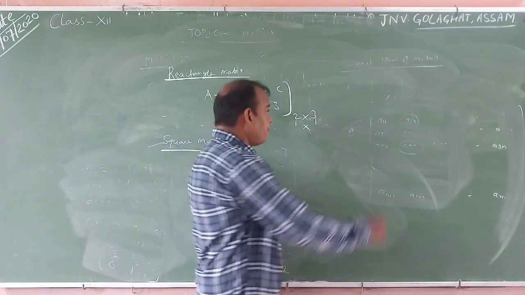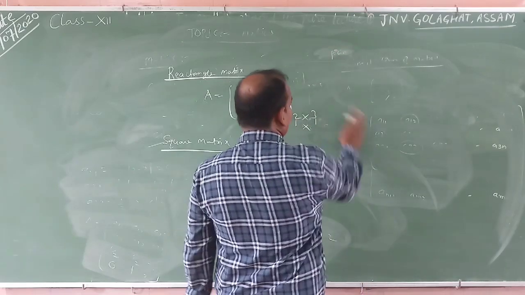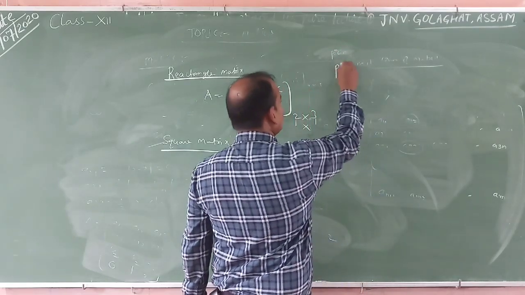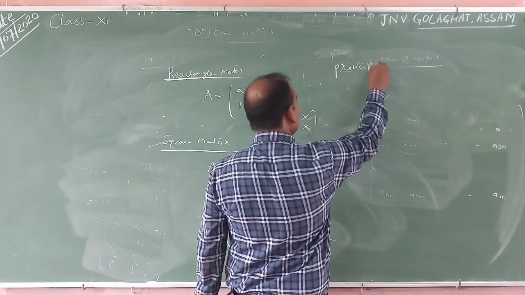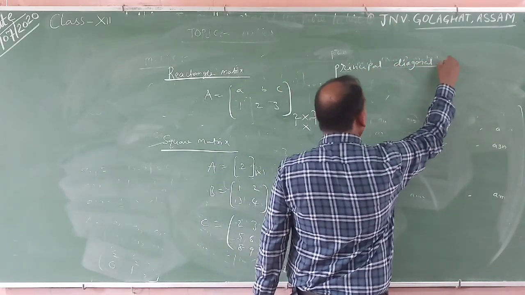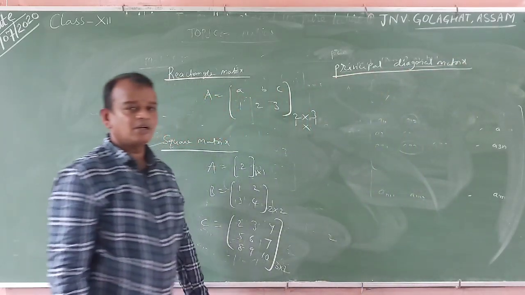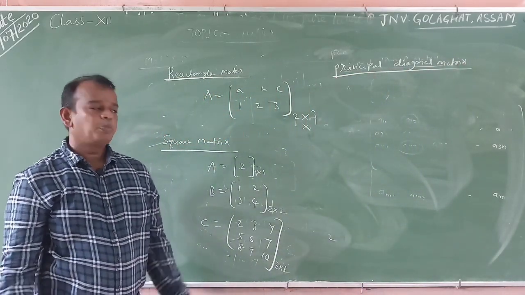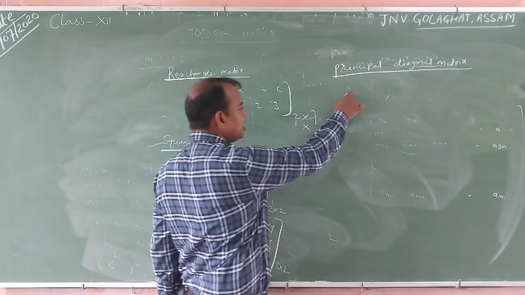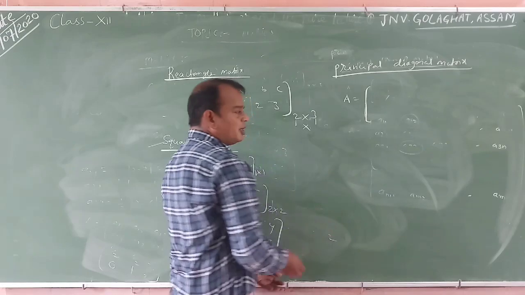Next, principal diagonal elements. Principal diagonal matrix. For example, we will take the matrix of order 3 by 3.